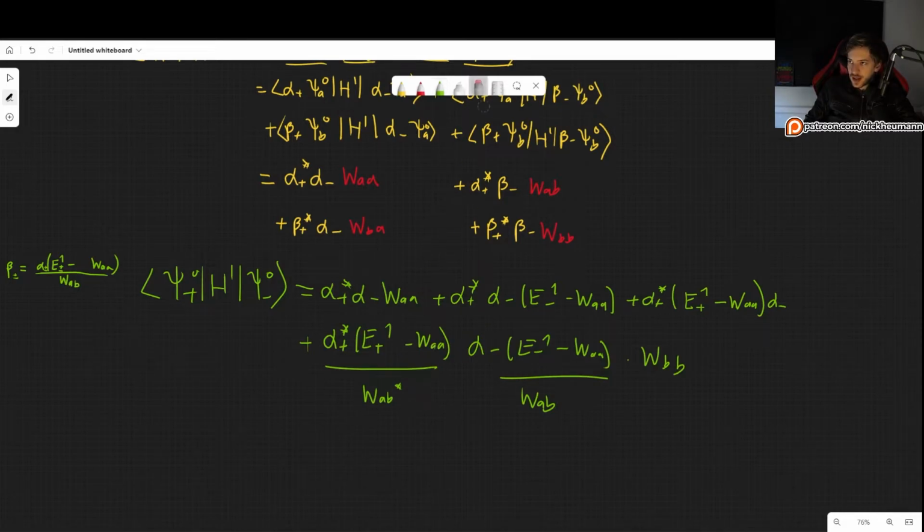We can take the alpha minus to the front, so we get alpha plus alpha minus, and then we have the same product that we had before, which was E plus 1, E minus 1, and then we had minus WAA factor of E plus E minus, and then plus WAA squared. So that is what that product is.